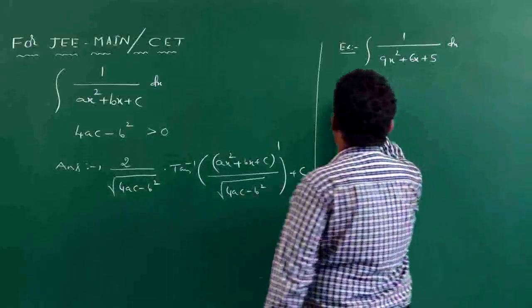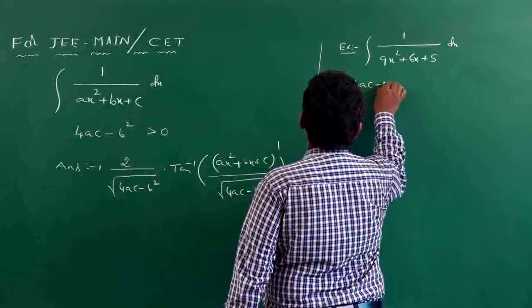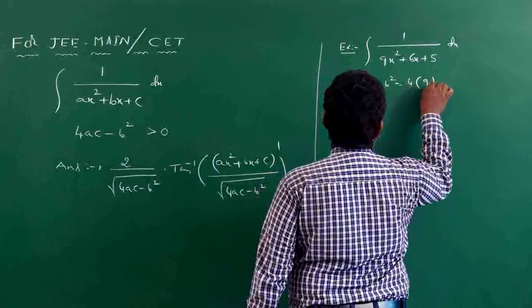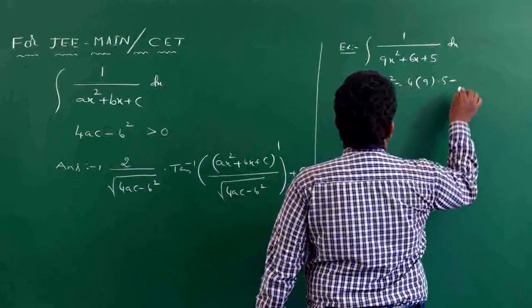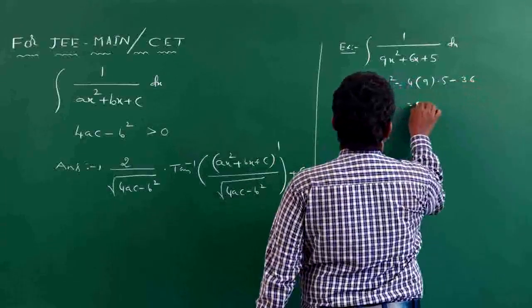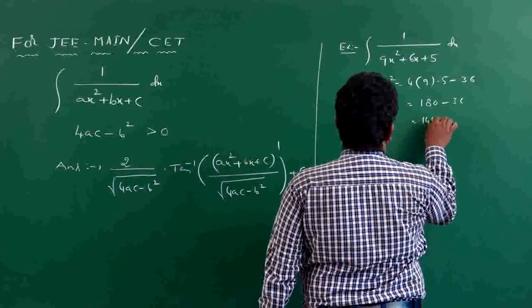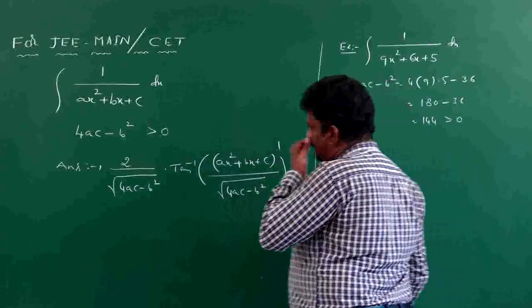First, 4ac minus b square is equal to 4 into 9 into 5 minus 36, that is 180 minus 36, equal to 144, which is greater than 0.